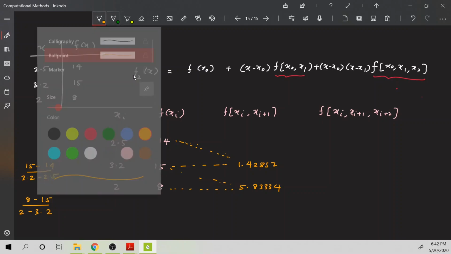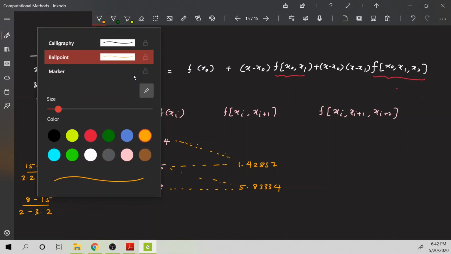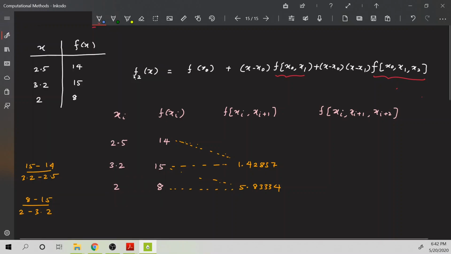Okay, now let us move on to the next divided difference. Again, for the next divided difference, what you're going to do is you are going to use these two values. So it's going to be this divided by this. That's going to be 5.8334 minus 1.42857.